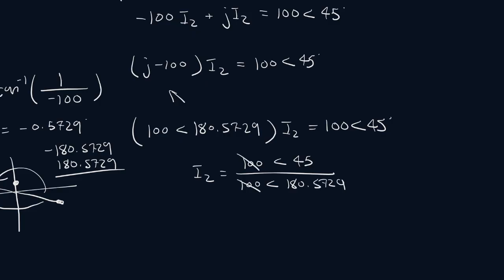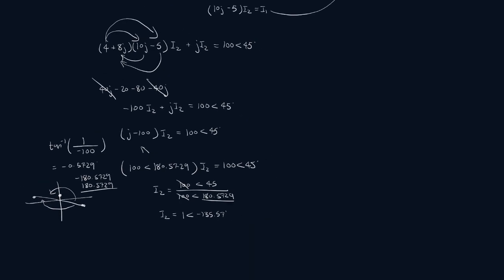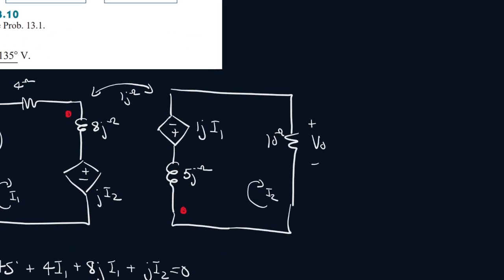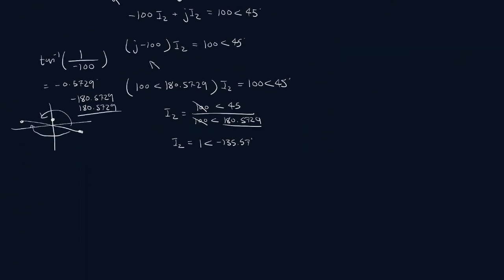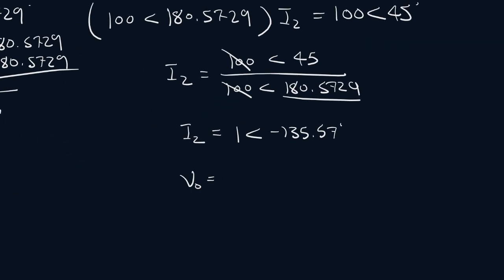This and this is just 1 phasor 45 minus this value, which is minus 134.4271. So this is your I2, and we see VO will be 10 times I2. So it's pretty much just going to be 10 phasor minus 135.57 degrees, and this is your final answer.